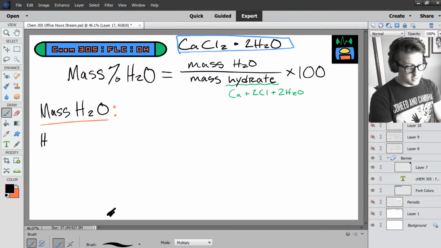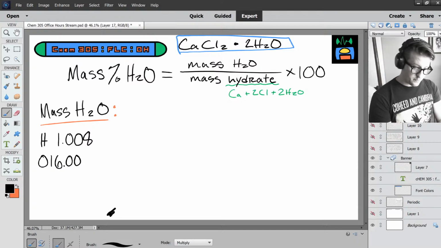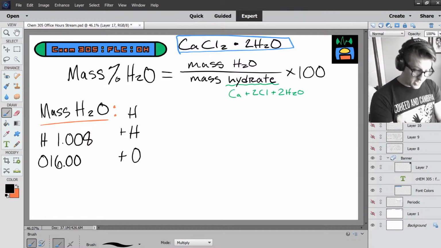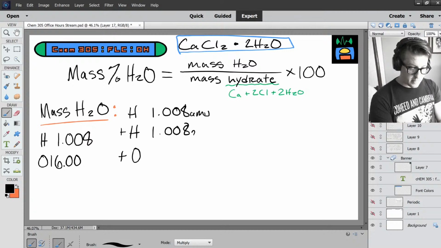So hydrogen has a mass of 1.008. Oxygen has a mass of 16.00. The mass of water is going to be the mass of hydrogen plus the mass of hydrogen plus the mass of oxygen, right? Because there's two hydrogens. So it's going to be 1.008 AMU plus 1.008 AMU plus 16.00 AMU.